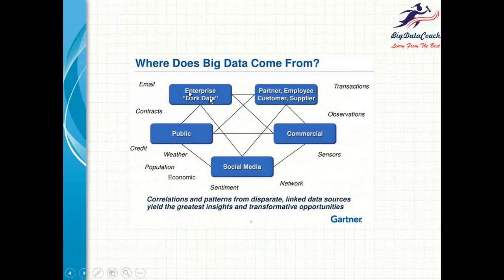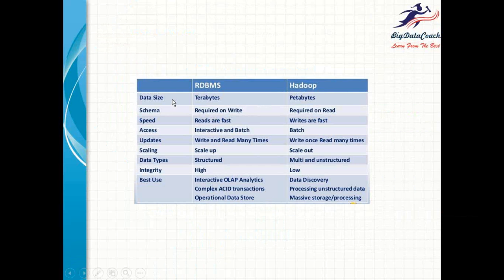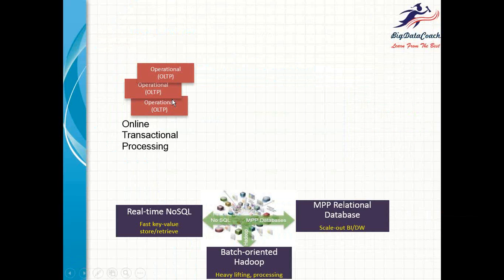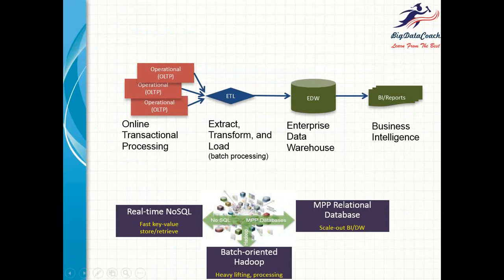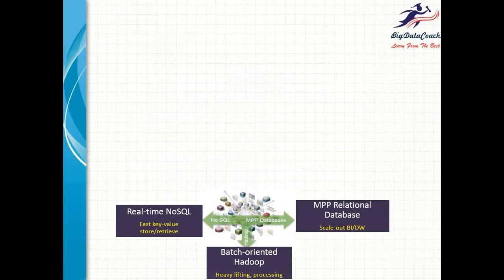So there is so much enterprise level data which is never used for large scale analysis, and that Gartner terms as dark data. So the basic concept around big data is that we are looking at all types of data within the enterprise, and we are trying to extract intelligence out of it.